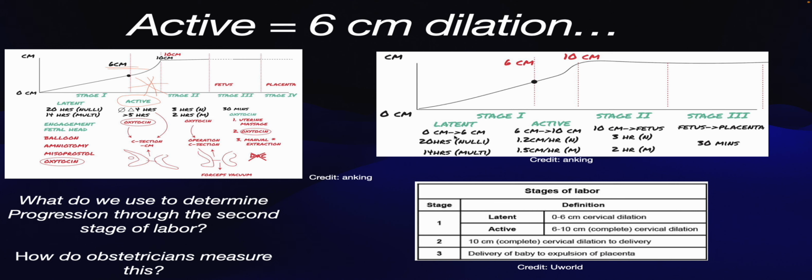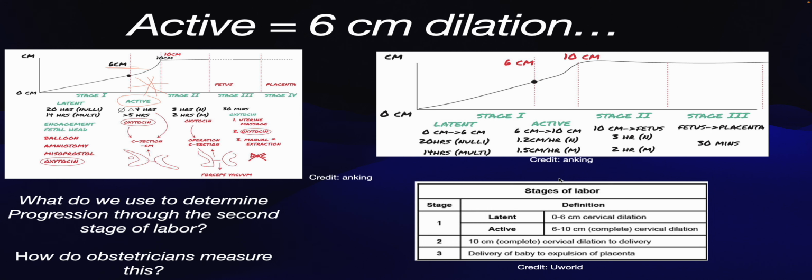And then, as I just touched upon with active phase, we also have some very specific, I guess you could call them rates of cervical change that we expect to meet. It's just considered within the active phase once we're at 6 centimeters.